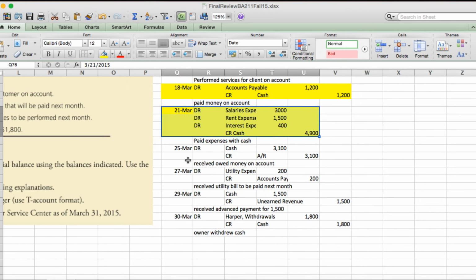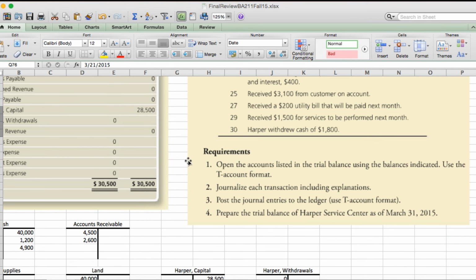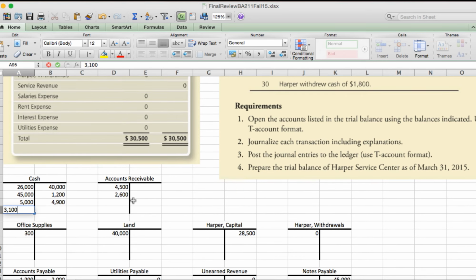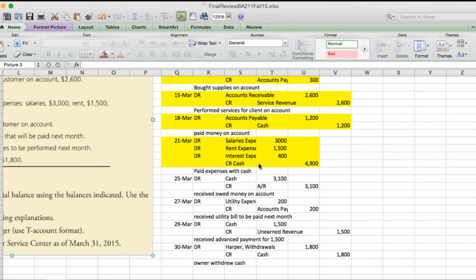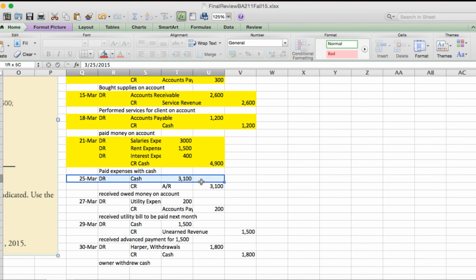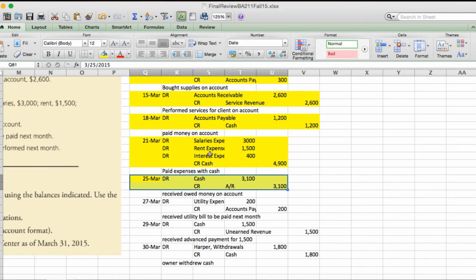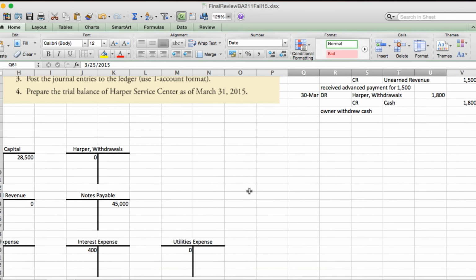We got a debit to cash for 3,100, a credit to accounts receivable 3,100. Debit to utility expense 200, credit to accounts payable 200.